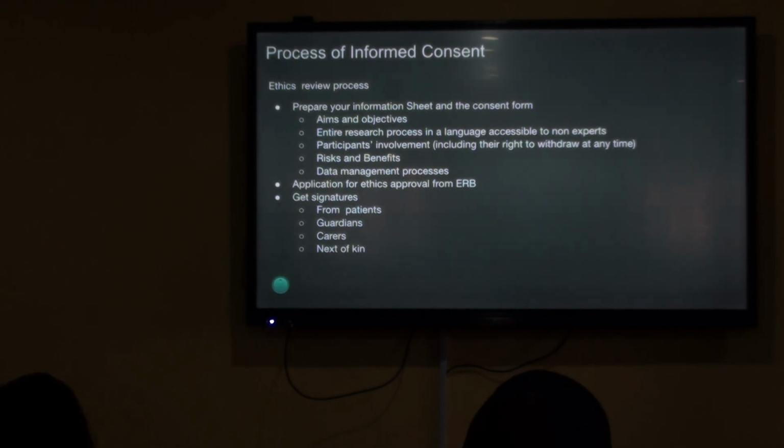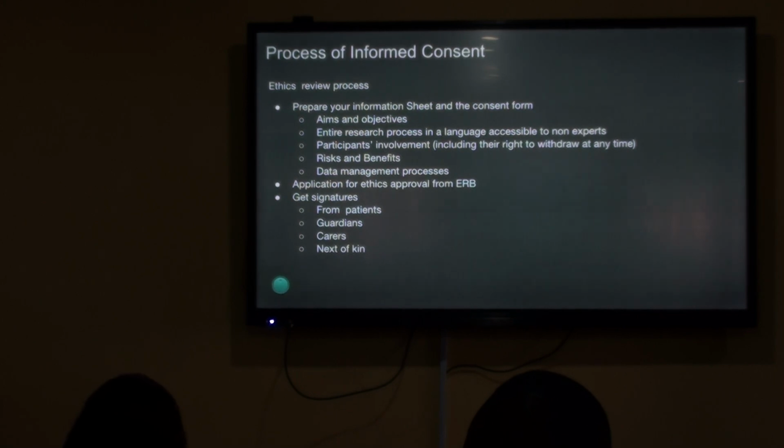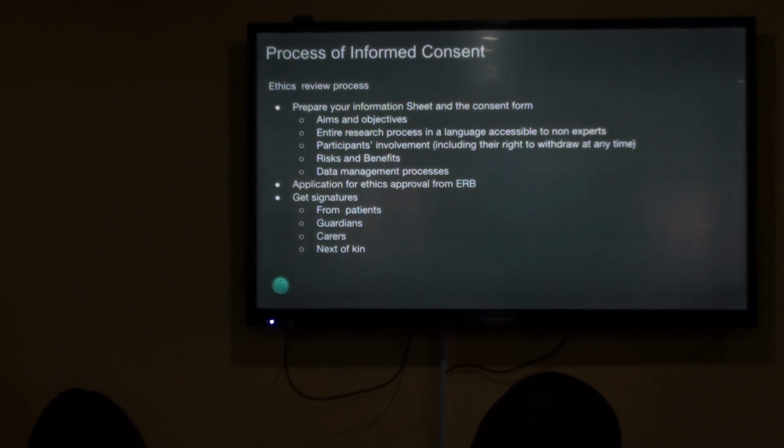So once you get the ethics approval, that's when you go to your patients, your participants, or maybe their carers, because if you are going to talk to people with degenerative diseases, they might not have the capacity to be part of it. And then you talk to their carers or their guardians, right? Or anybody that has power of attorney over them.